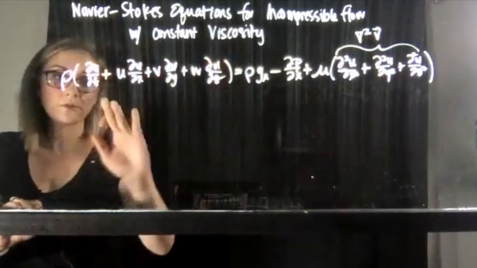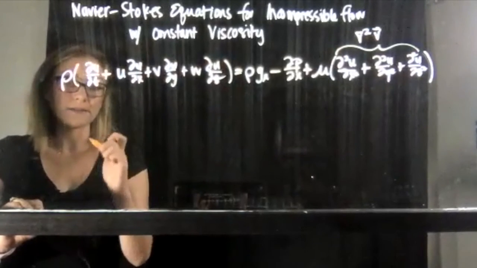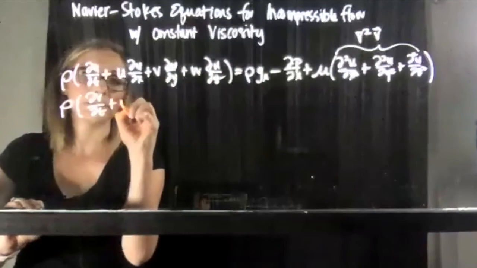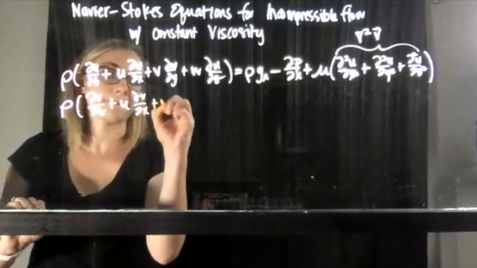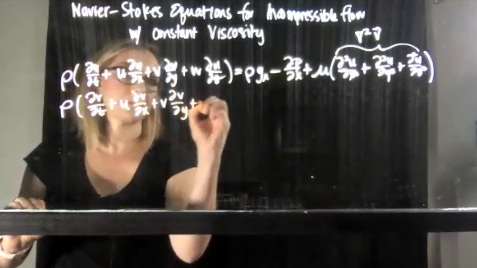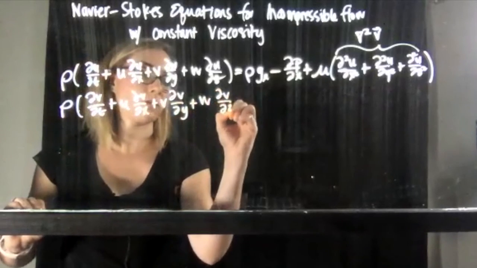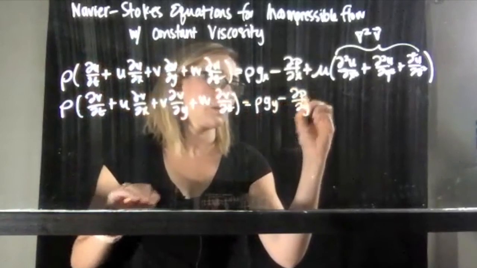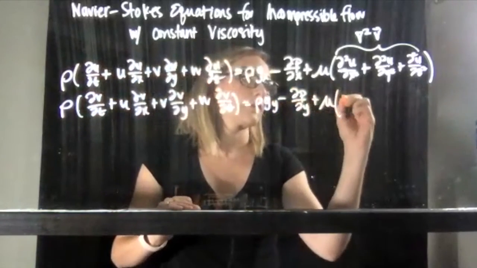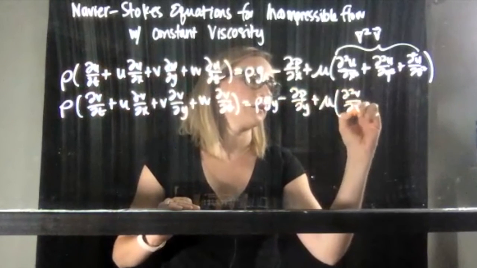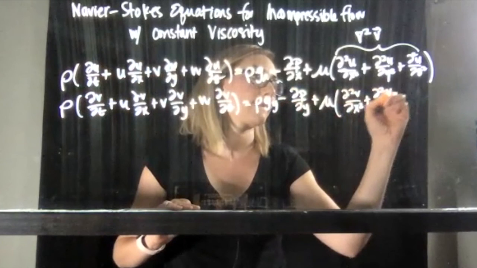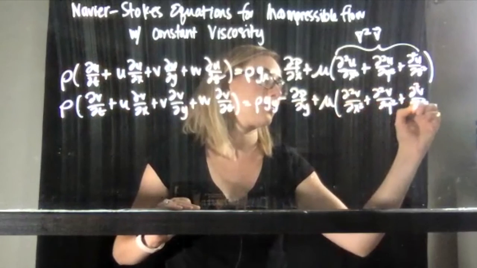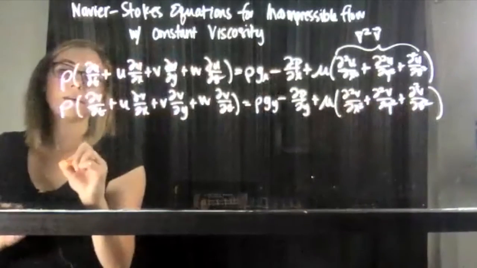Okay, so to write these in the y and the z direction then, we've got our material derivative again. Our body force in the y direction, our pressure contribution, and then we're going to have our viscous force again as well. And then same thing in the z direction.